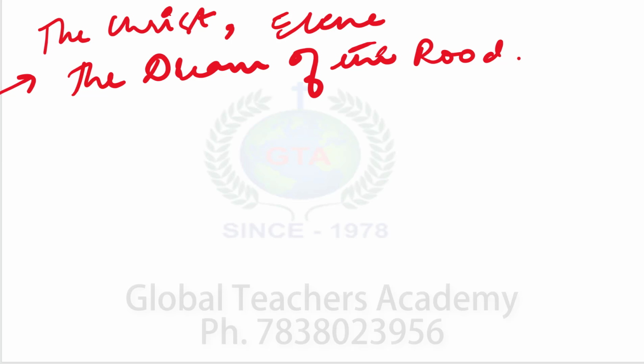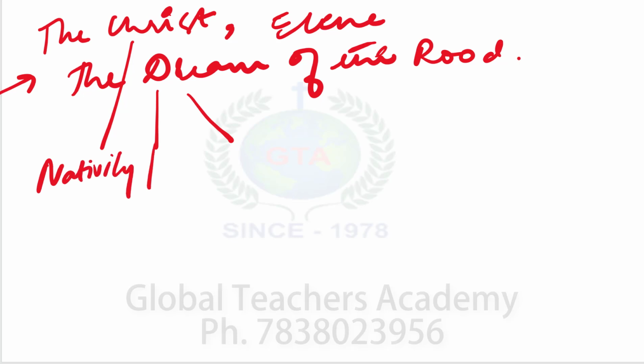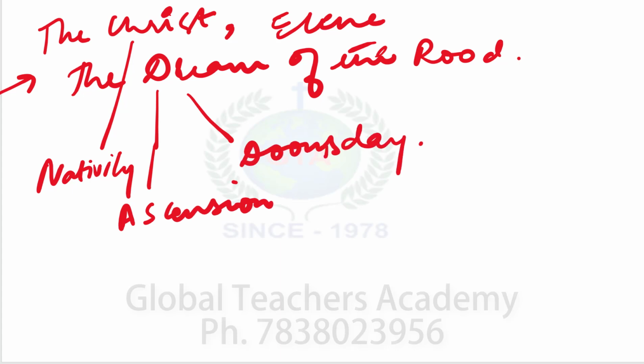Now Christ is divided into three parts. There is Nativity, there is Ascension, and there is Doomsday, right? So these are the three parts of the text that he's written, the Christ.